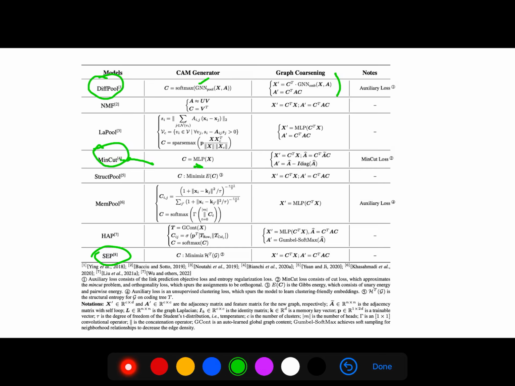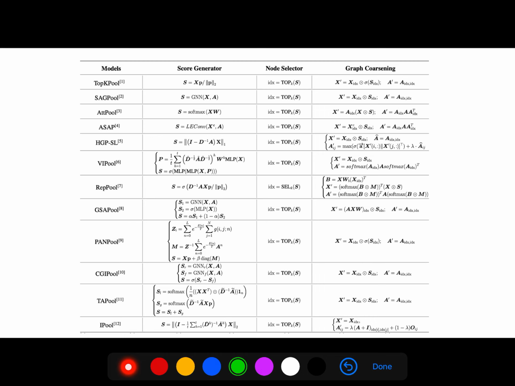But you know, the objectives of DiffPool and MinCut are totally different, because DiffPool requires just the original classification loss and then the auxiliary, but MinCut has something about the MinCut objective that in computer science is very important. Of course, they also add other auxiliary losses.